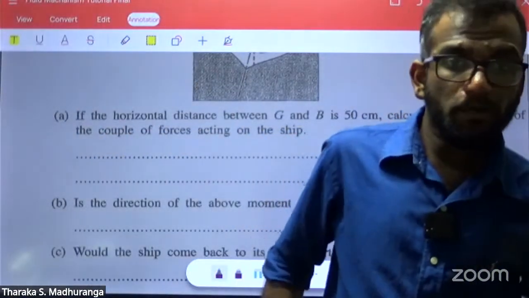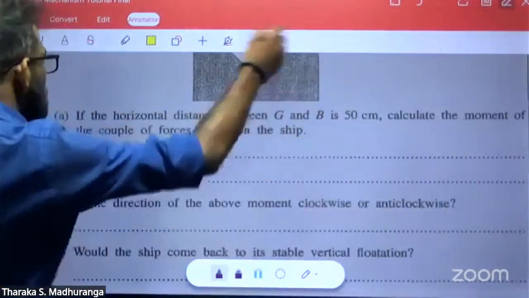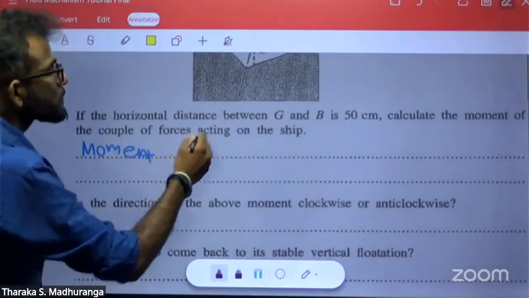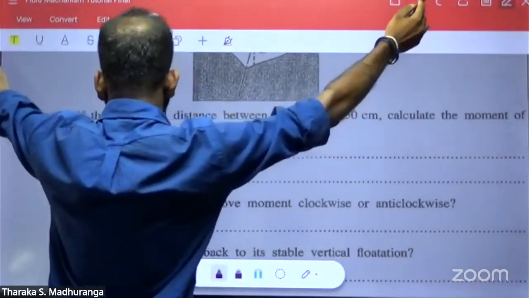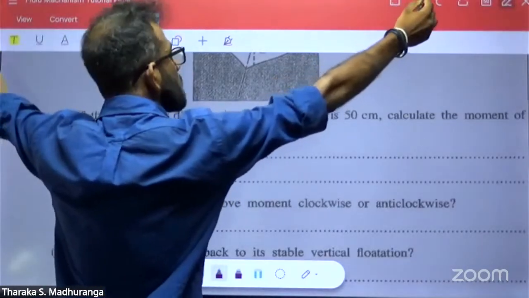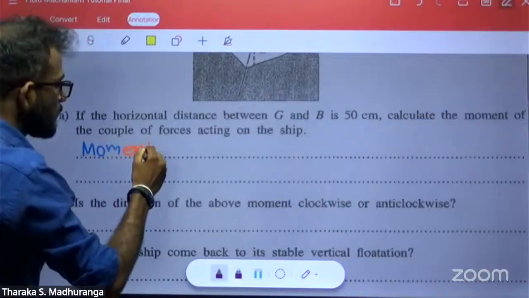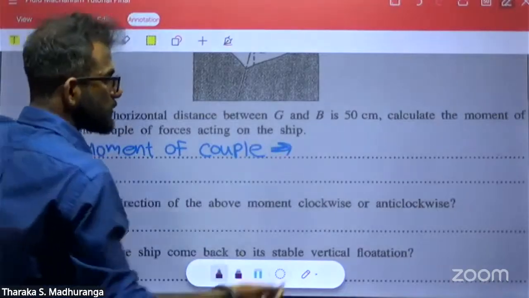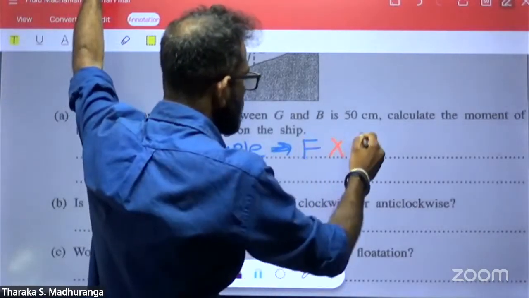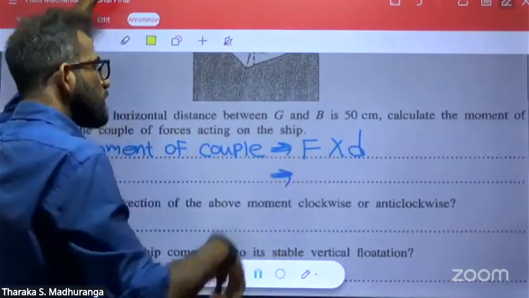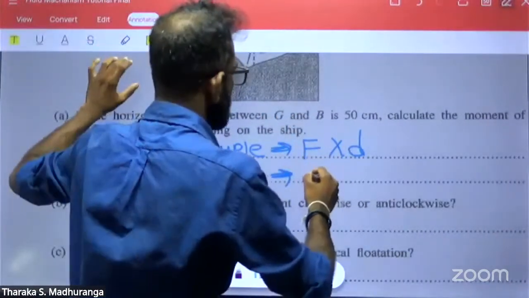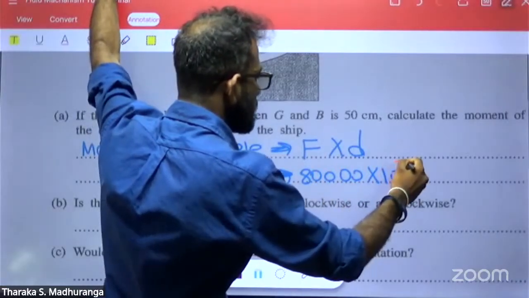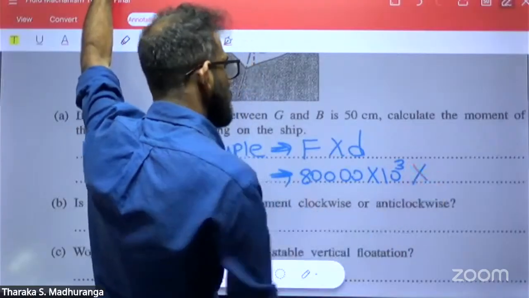Do you remember how we calculate the moment of a couple? One force multiplied by the perpendicular distance between the two forces. Now one force we found is 80,000 into 10 to the power 3 Newton.